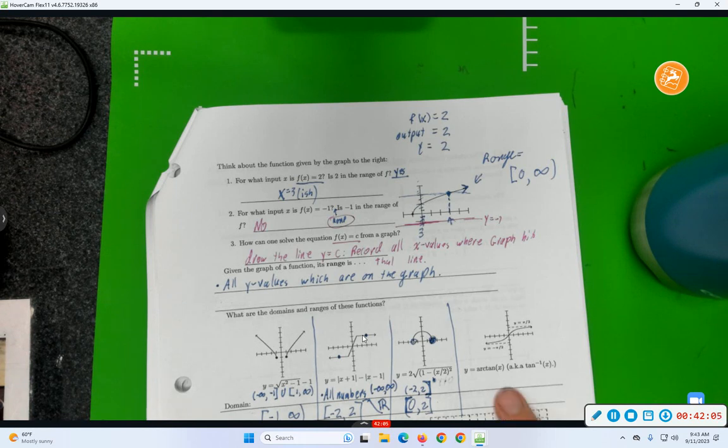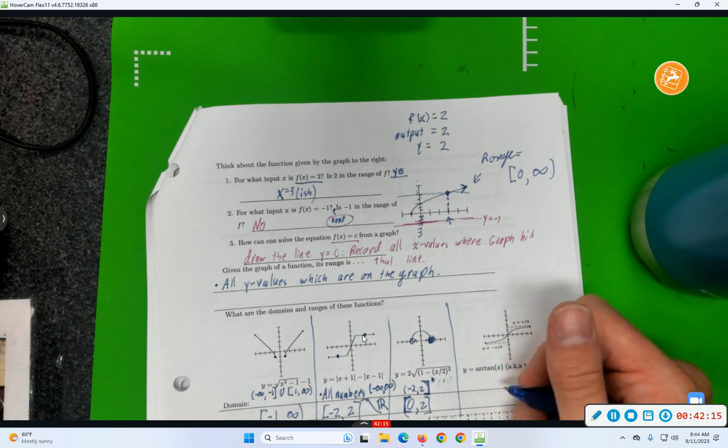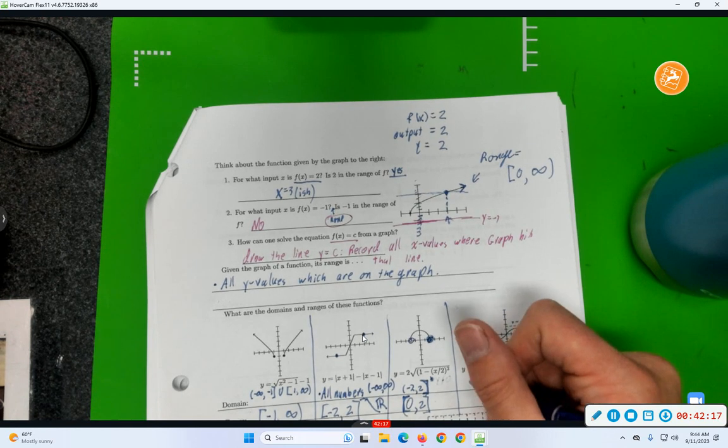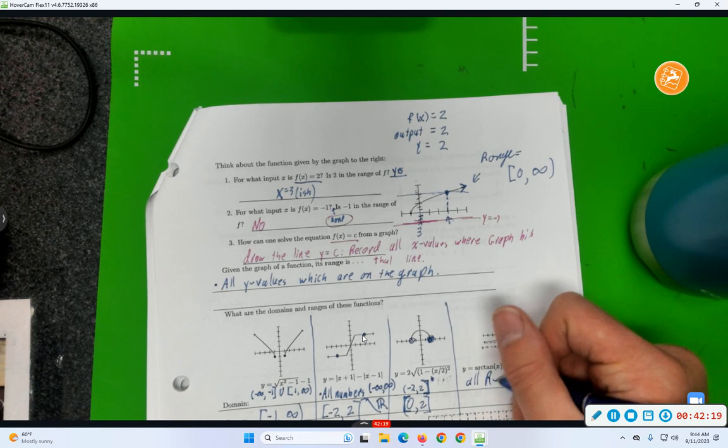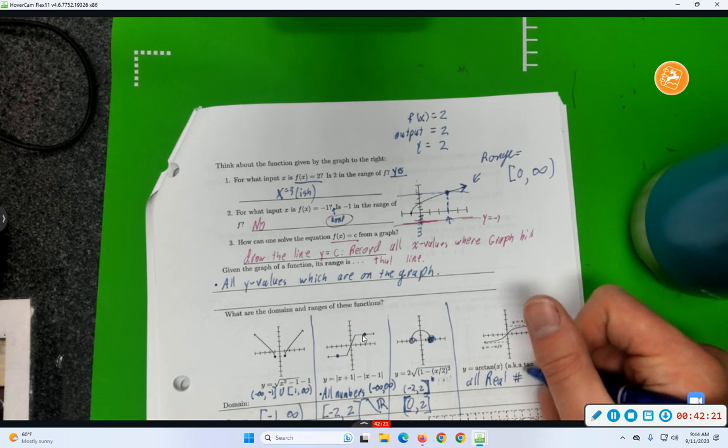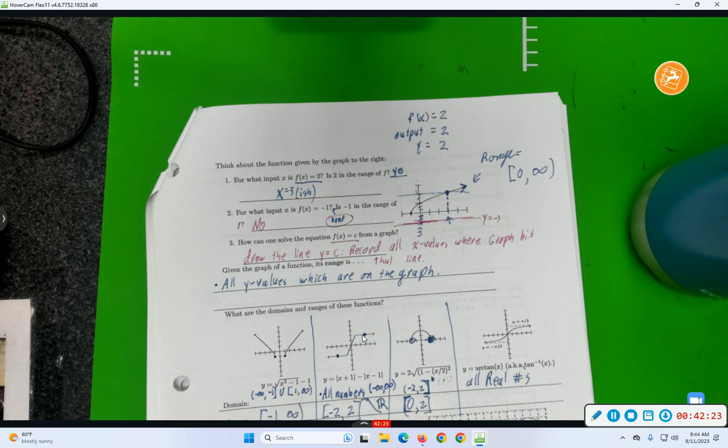All right, this last one, inverse tangent or arctangent of x. What's its domain? All real numbers, and however you want to say that is fine. If this were WebWork, it might say you have to enter it in interval notation, but you know how to: -infinity to infinity. What's its range?